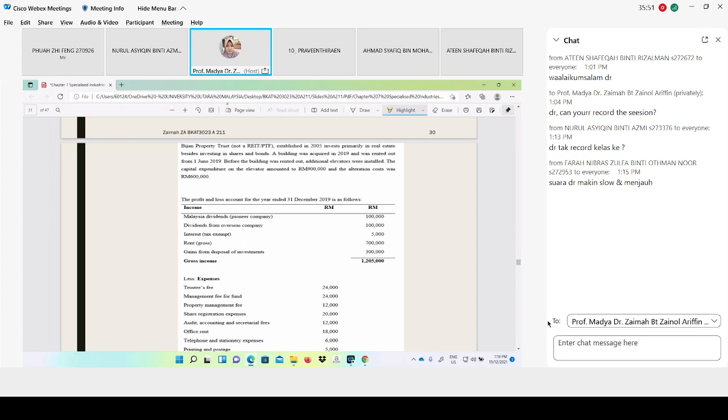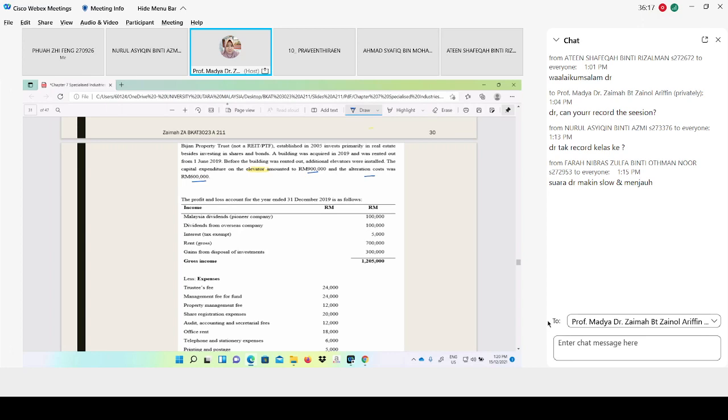The capital expenditure on the elevator amounts to 900,000. This is the elevator, 900,000, and the alteration cost is 600,000.